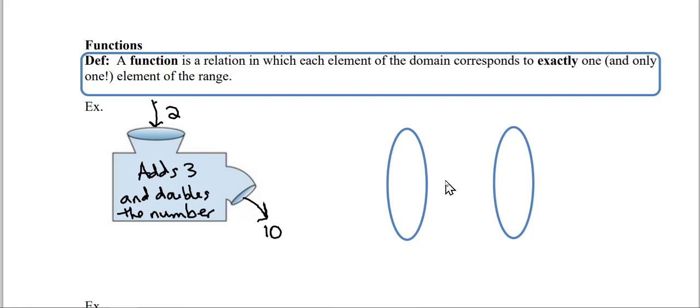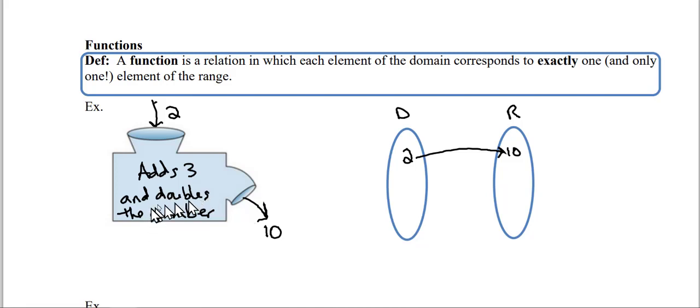What I have over here on the right side is sort of showing this relationship where this is our domain, because that's our input values, and this is our range. And we connect that 2 to that 10. An important idea of a function is that if I put 2 in, and I add 3 to it, and then I double that number, I am only going to get 10 out if we do it in that order, right?